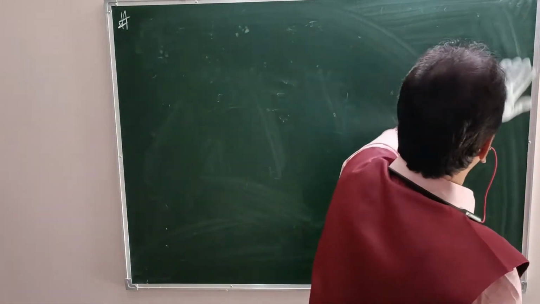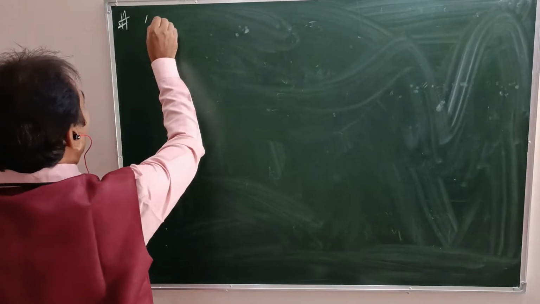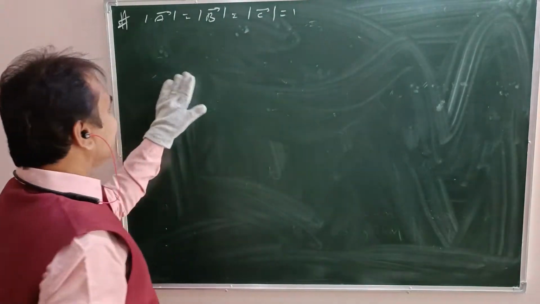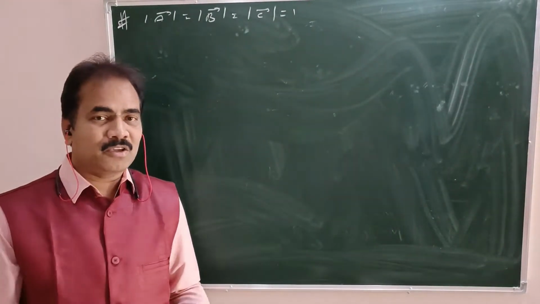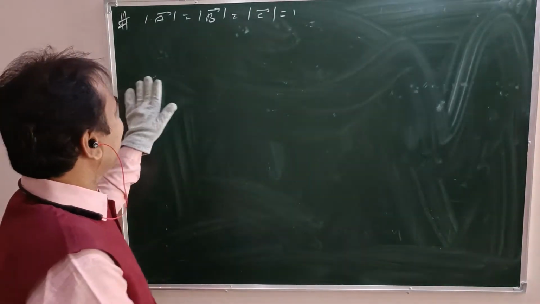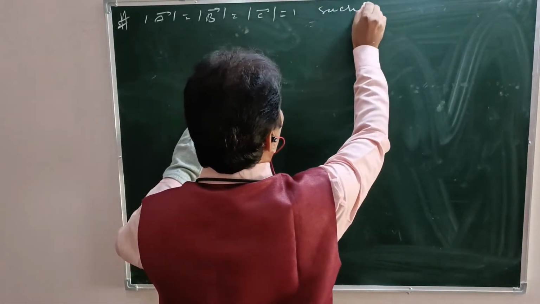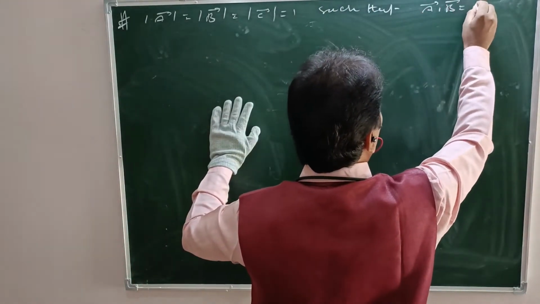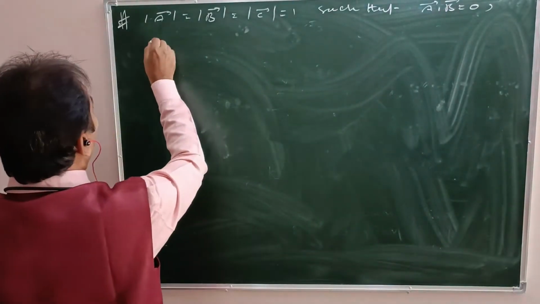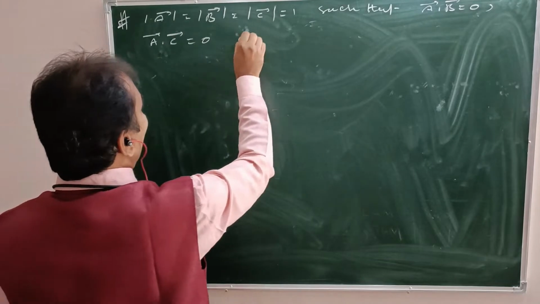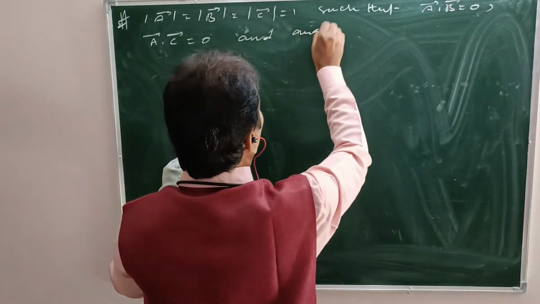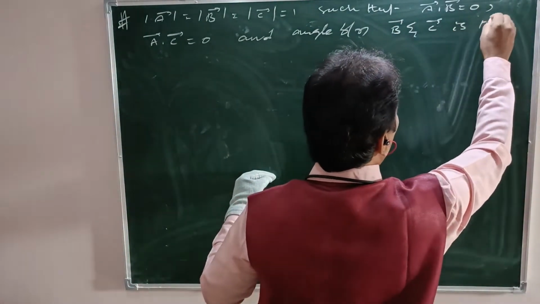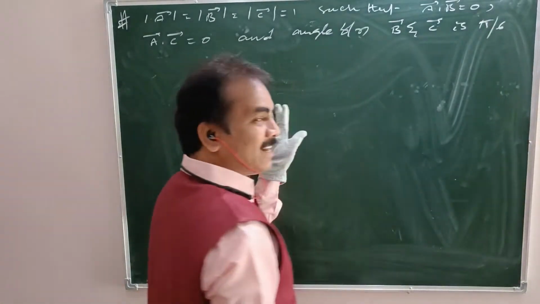Suppose mod A bar equal to mod B bar equal to mod C bar equal to 1. A bar, B bar, C bar are three unit vectors such that A bar dot B bar equal to 0, A bar dot C bar equal to 0, and the angle between B bar and C bar is pi by 6 radians, that is 30 degrees.